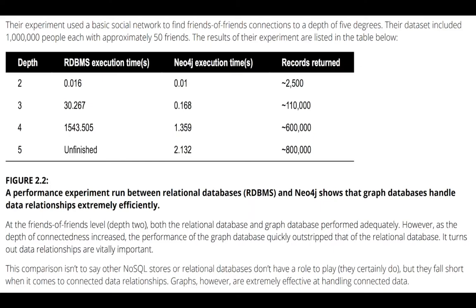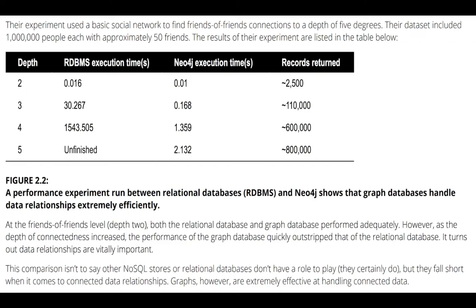Let's also see some statistics on performance comparison between RDBMS and Neo4j. So this we are doing on a data set of 10 lakh people. If you go for depth of 2, RDBMS will take execution time of 0.016 second and Neo4j execution time will be 0.01.